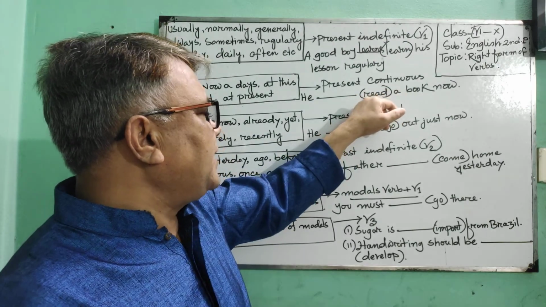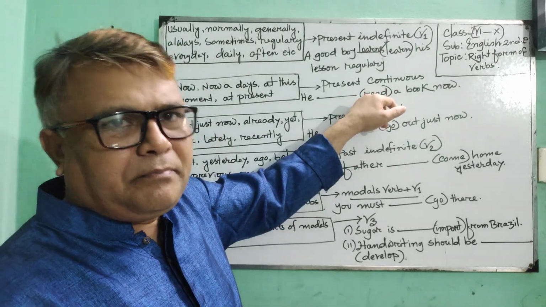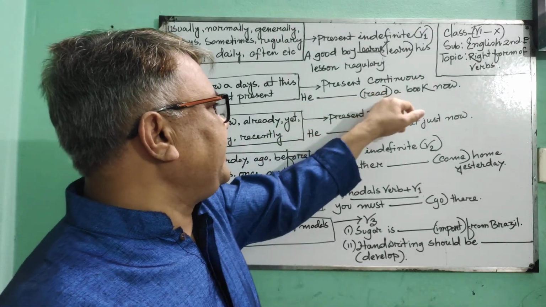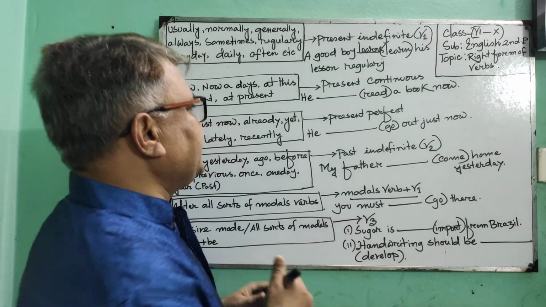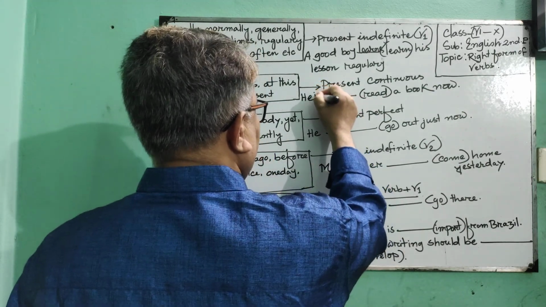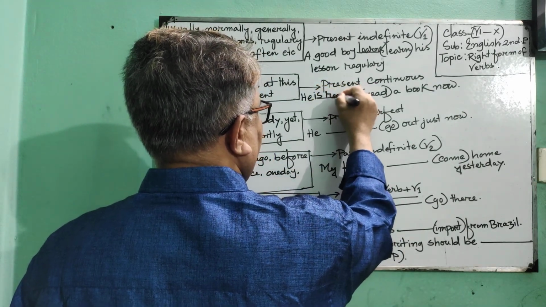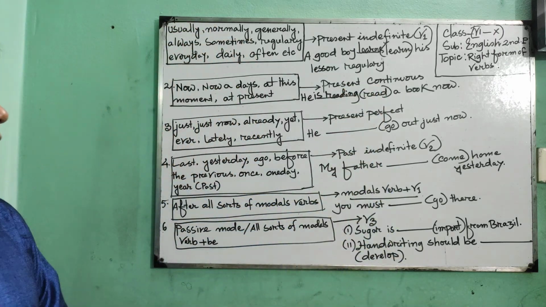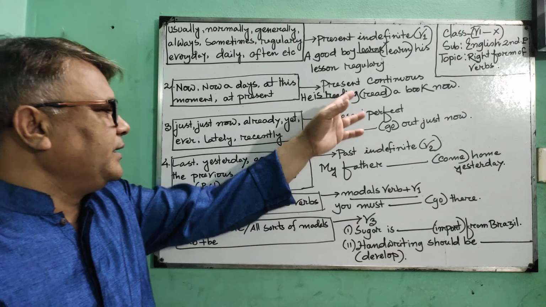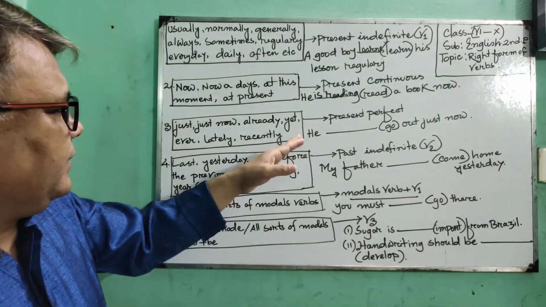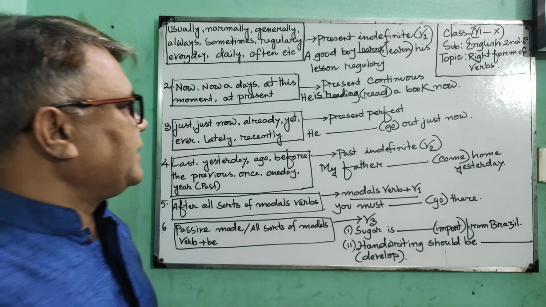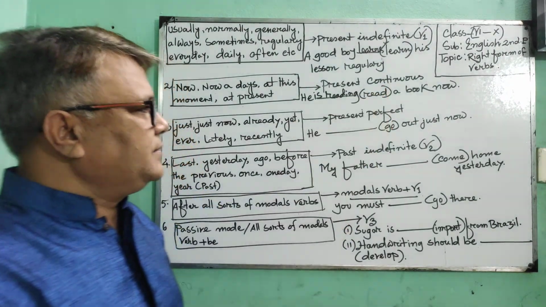You have to add ing with main verb. That means he is reading a book now. We have already written present continuous tense.